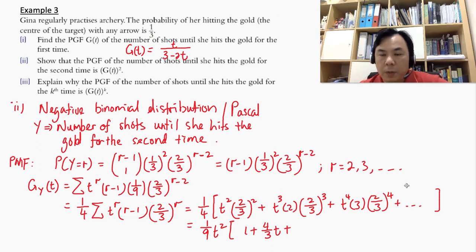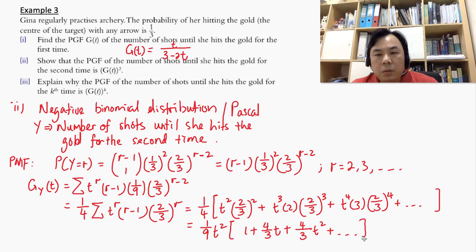So that will be, let me see, 4 over 3 also. Then I've taken out that. So t squared, t squared, and so on and so forth. All right. Okay, so that's what we have currently.